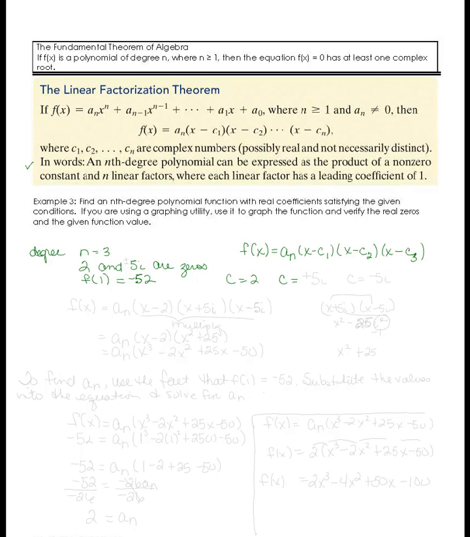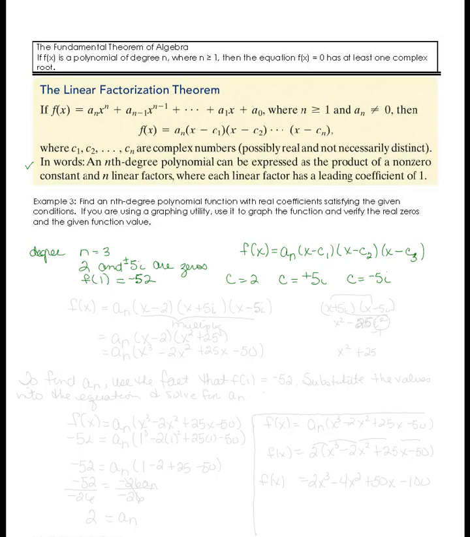Going back to page 83, it says imaginary roots occur in conjugate pairs. So anytime we have a conjugate, it's going to be plus or minus. So we're going to have a positive 5i and a negative 5i. We're going to plug these back into our equation.